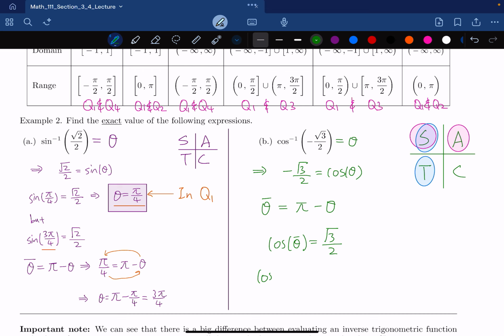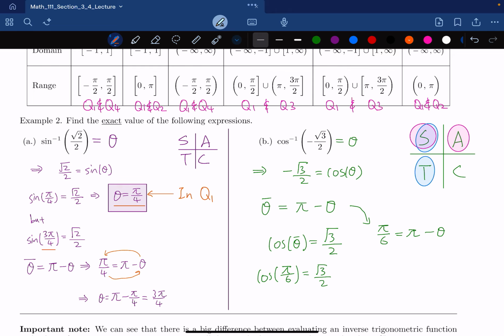Well, again, the table or the finger gesture here, we know that this is going to be pi over 6. Which means my reference angle is equal to pi over 6. So plug that into the formula, pi over 6 equals pi minus theta.